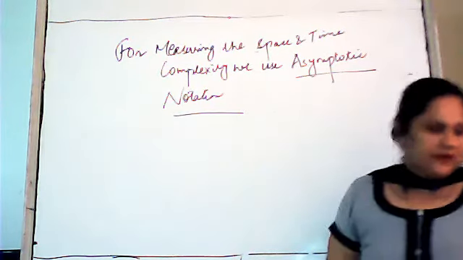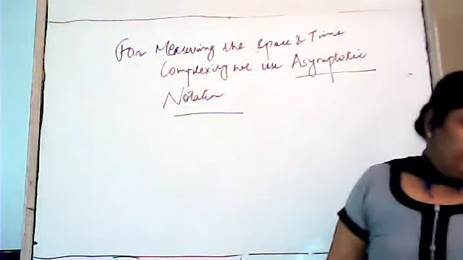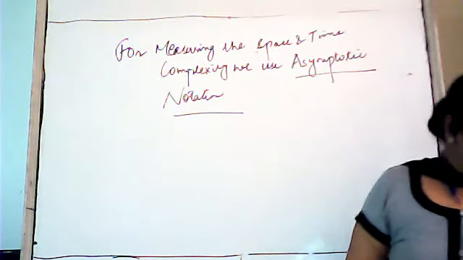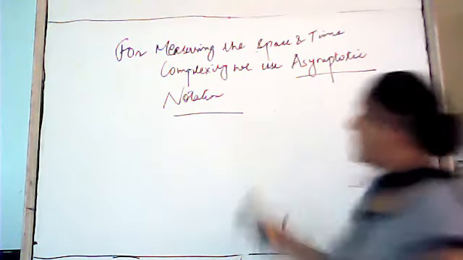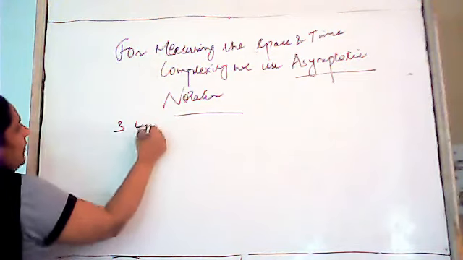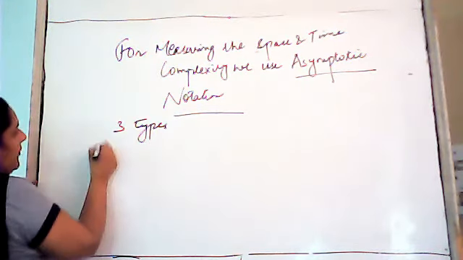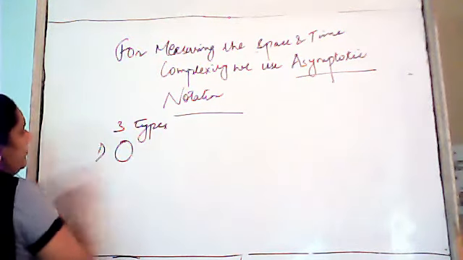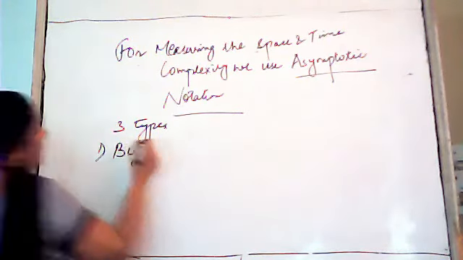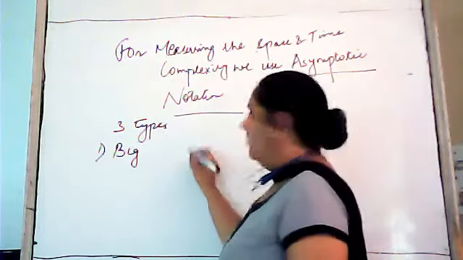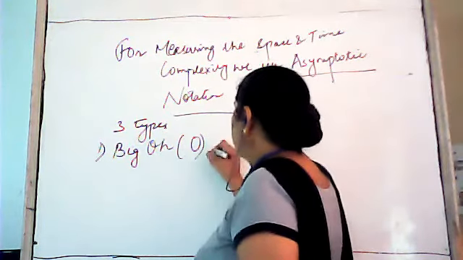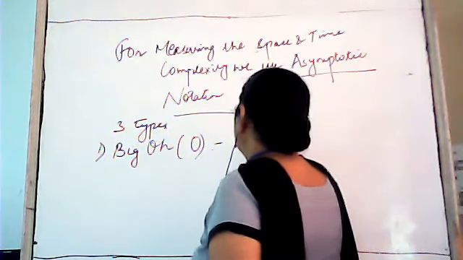There are three types of asymptotic notations. First is big O. So you will write as big O. And it is called worst case complexity.